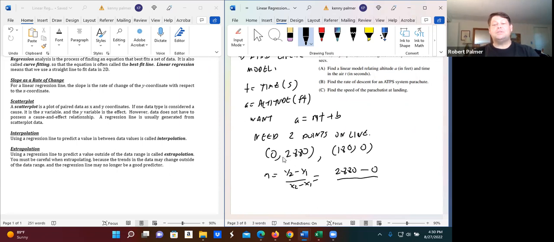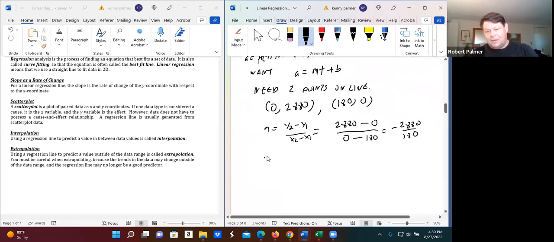Since I started with this y, I have to start with this x: 0 minus 180. So this is negative 2,880 over 180. Now let's divide that to a value that's more useful. It may or may not come out evenly. We'll see. It does. Good. So m is equal to negative 16.